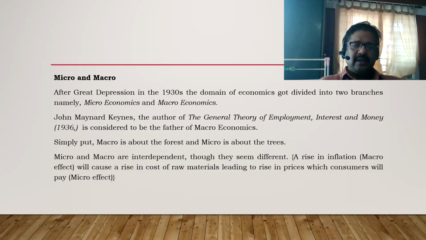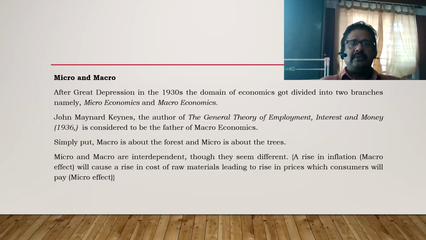Several classical economists approached economics in a classical style, in a micro way. It is after the Great Depression of the 1930s that the subject matter of economics got divided into two main branches, microeconomics and macroeconomics.